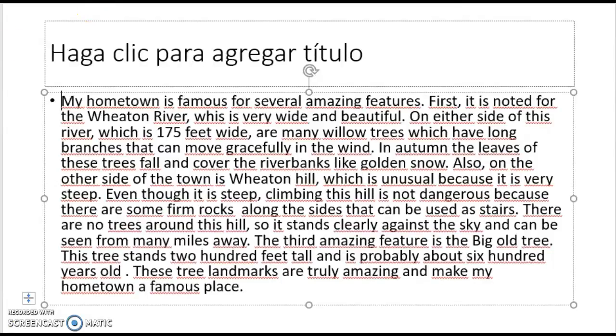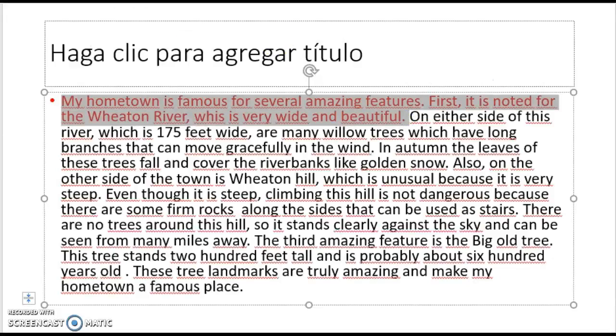The topic sentence will be in red, so we are going to change the letters in the topic sentence to red. You can see that that is a topic sentence.